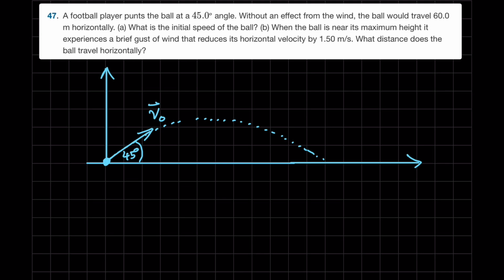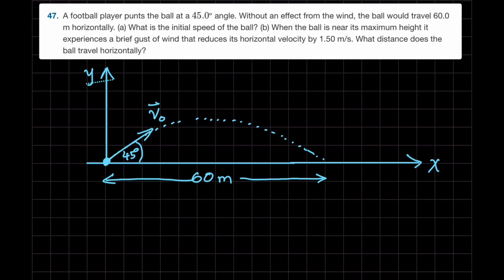So if we start where the ball starts, put our x, y coordinate system at that point, we can measure distances from that point onward, right? So when the problem says it travels 60 meters, it means from the starting point, it traveled that far, right? So 60 meters. What we're asked to find in the first part is the speed, right?